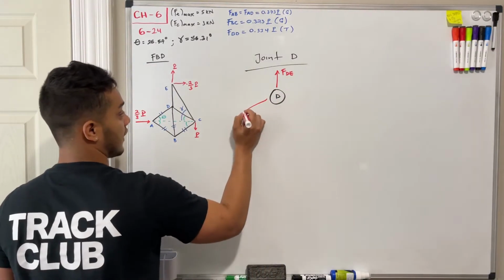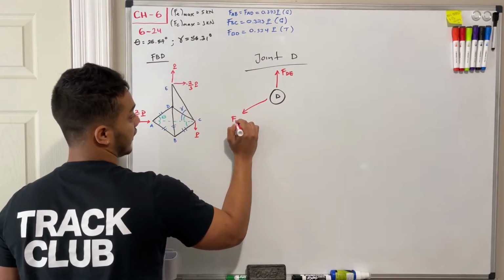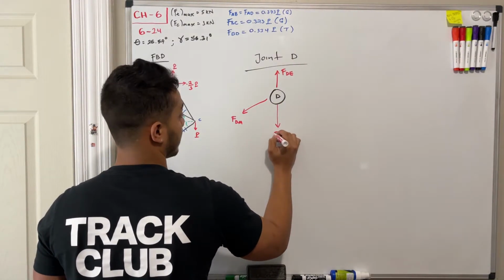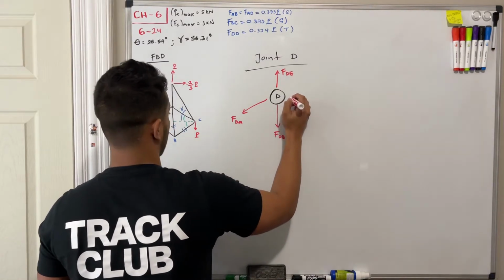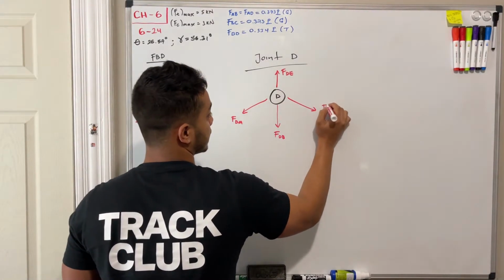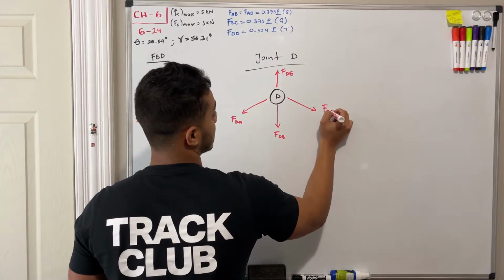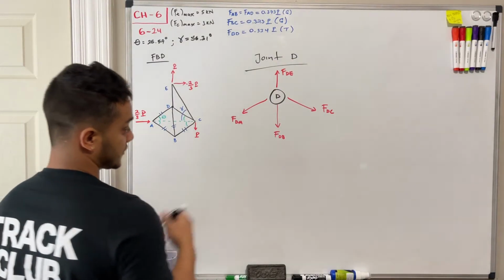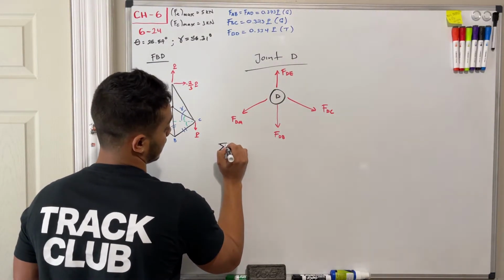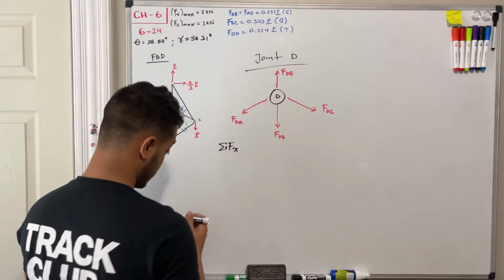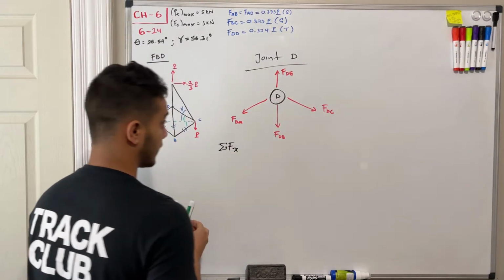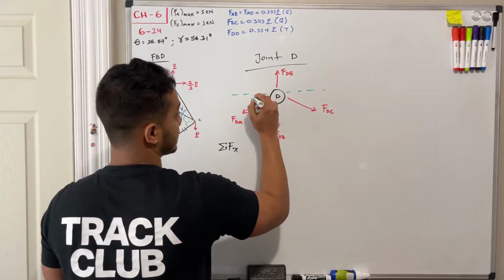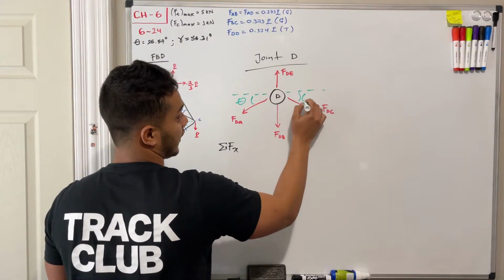Then we got FDA. We also got going down FDB, and going diagonal my force DC. We're going to apply our summation of forces in the x direction. But before we apply that, let's not forget that for these two members, the direction is theta and theta.